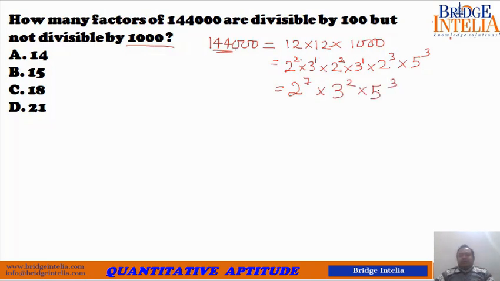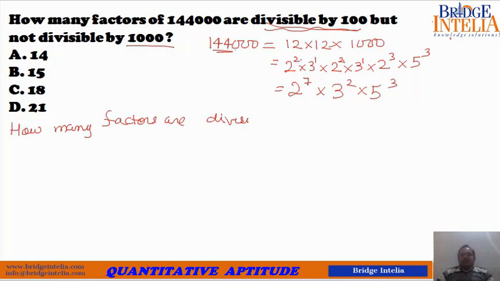So this is the prime factorization of 144000. So now, how many factors are divisible by 100? Let's solve this first. The number is 2 to the power 7 into 3 square into 5 cube.